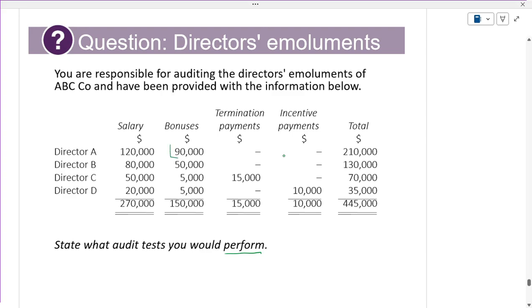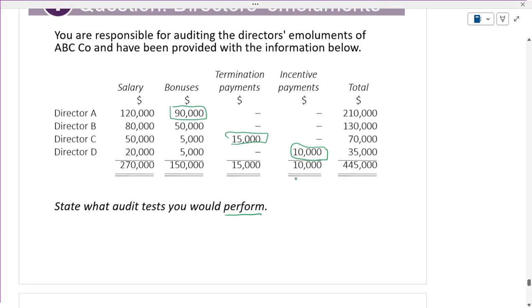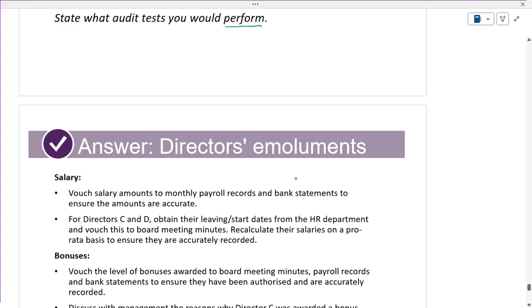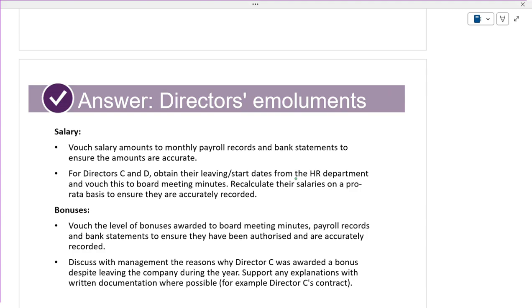Here the bonus is very, very high for director A. There are termination payments for director C, and incentive payments for director D. Director A is comparatively higher, so materiality is high compared to other directors. When you are talking about director payments, there are two things. First, we are covering the salary aspect. The second, we are covering the bonus aspect.